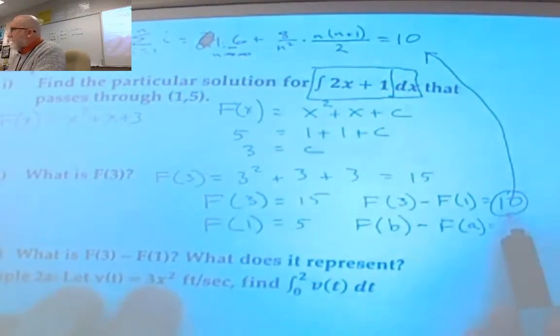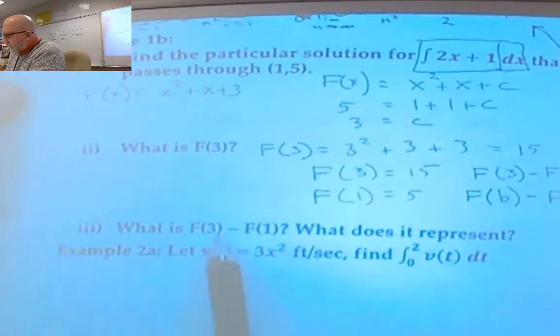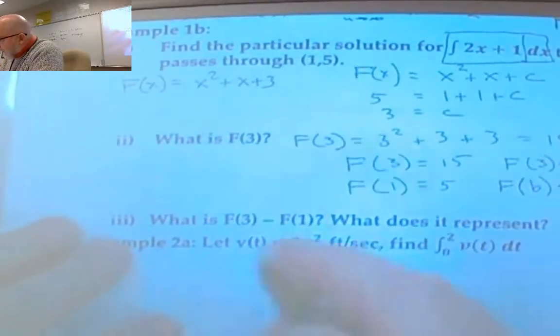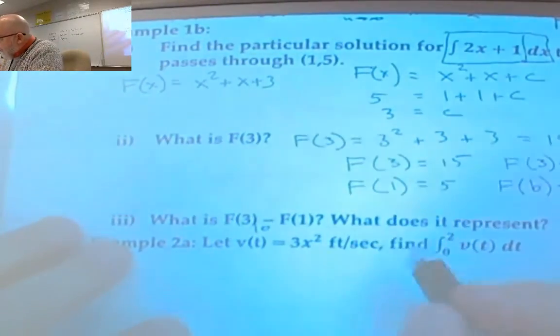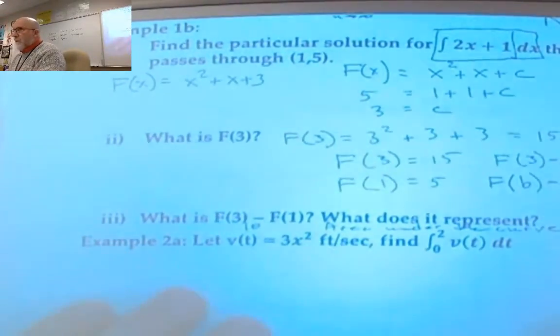And what does 10 represent? It says F minus, right here, it is 10. What did 10 represent? It represents the area under the curve, right? Would everybody agree?